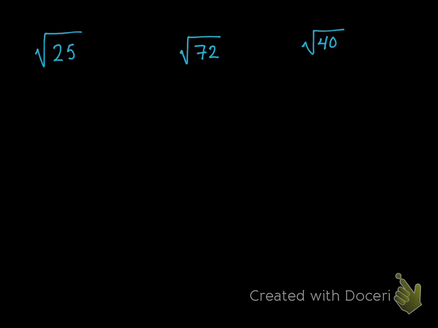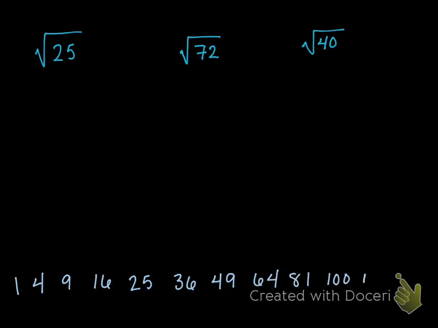So we know 1 squared is 1, 2 squared is 4, 9, 16, 25, 36, 7 squared is 49, 64, 81, 100, 121, 144, 13 squared is 169, 14 squared is 196, and 15 squared is 225.